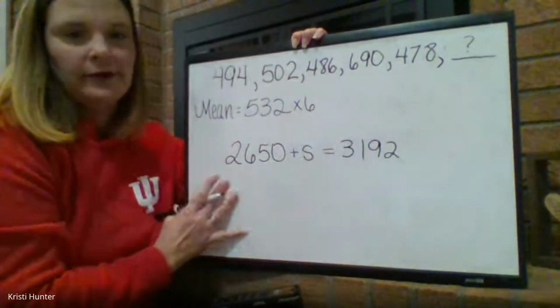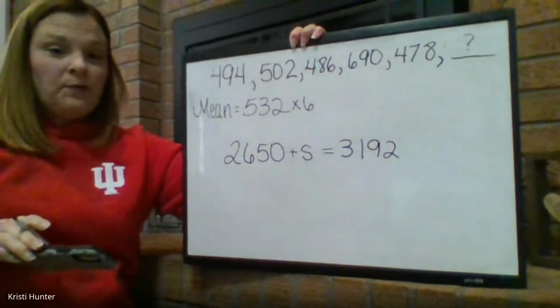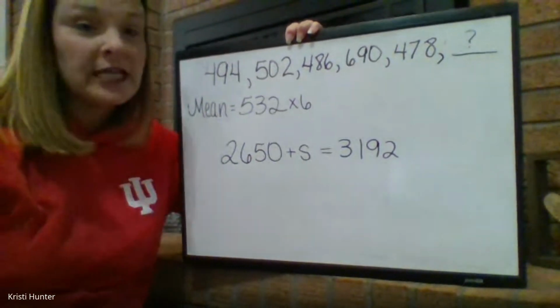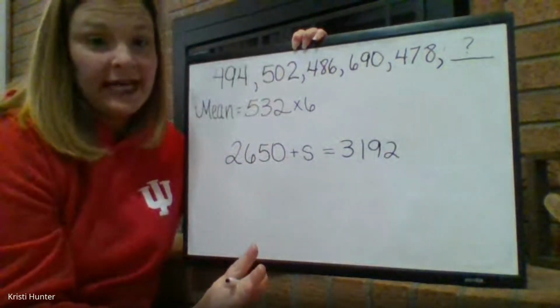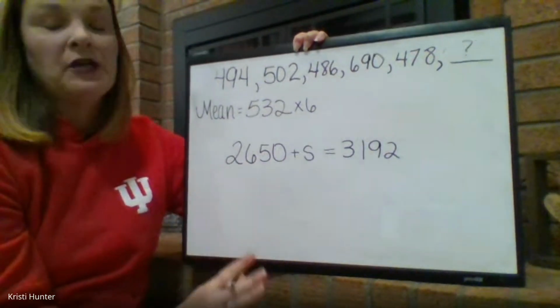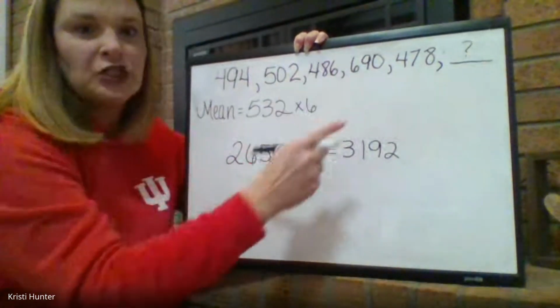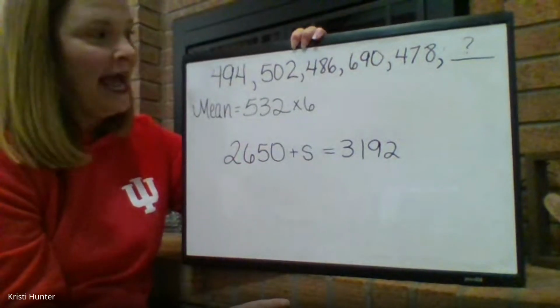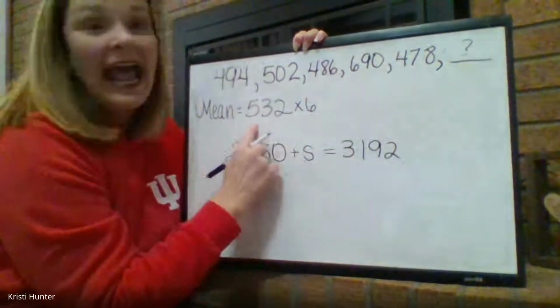3,192. Perfect. Okay. So here's what you guys just told me. Xander said, first thing you want to do is add up all the numbers you know, just like we did yesterday. And then Amelia said, yesterday we divided by the total numbers that we had, except this time I'm missing one of those numbers and I have the answer.